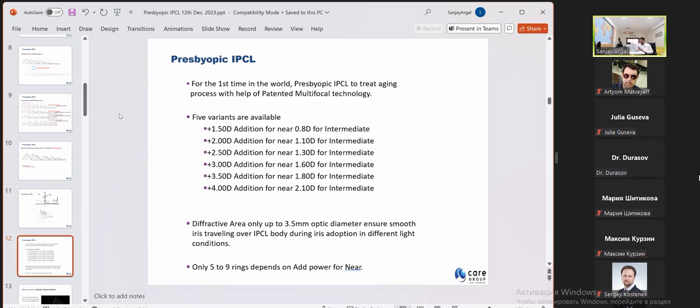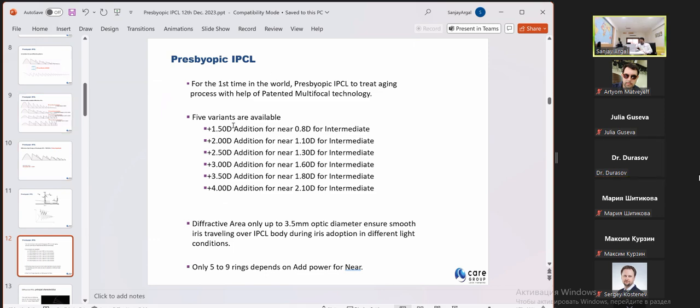So we thought we should have different variants. So we have 5 different variants for the addition.